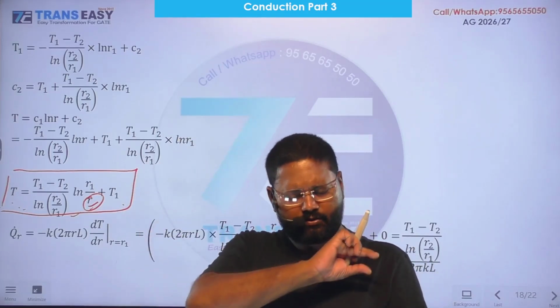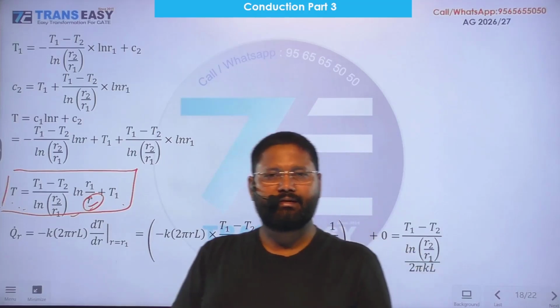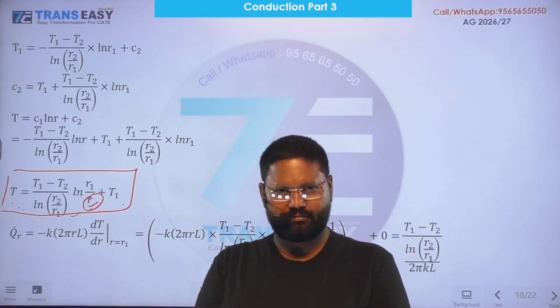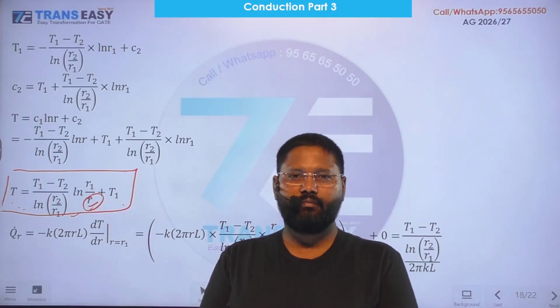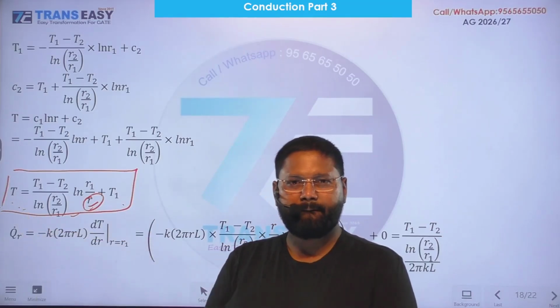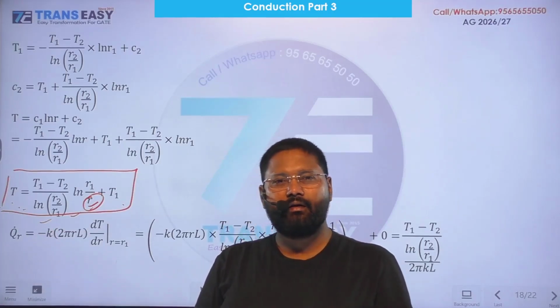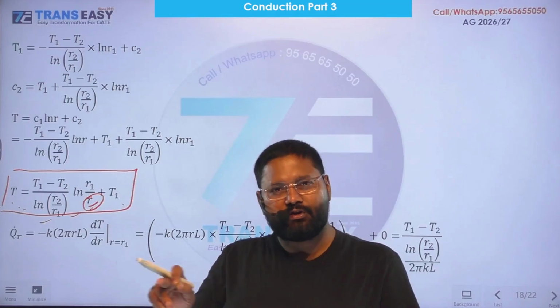Through the thickness of the cylinder, r2 minus r1, conduction mode of heat transfer is taking place. We are discussing conduction here. This relationship is valid only for r equal to r1 to r equal to r2.